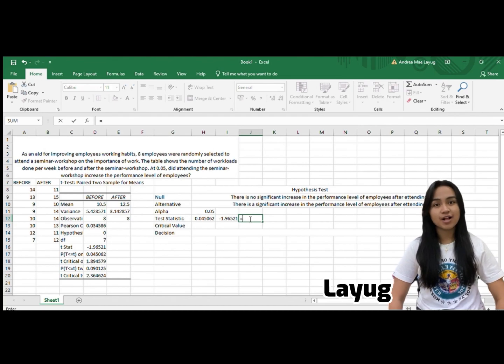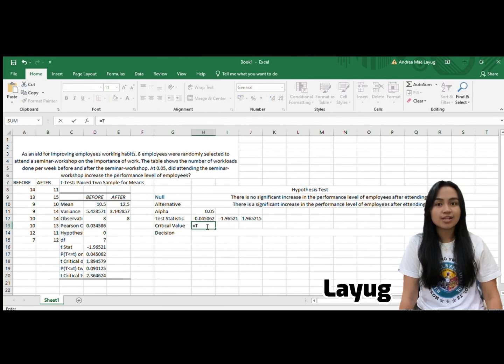To get the absolute value, type =ABS and select the computed t, then tap on check, and that is the absolute value. Next is the critical value. Type in the cell =T.INV, and the probability is the alpha. Degrees of freedom is still 7, then tap on check. To get the positive value, type =ABS and select the value to get the absolute value.